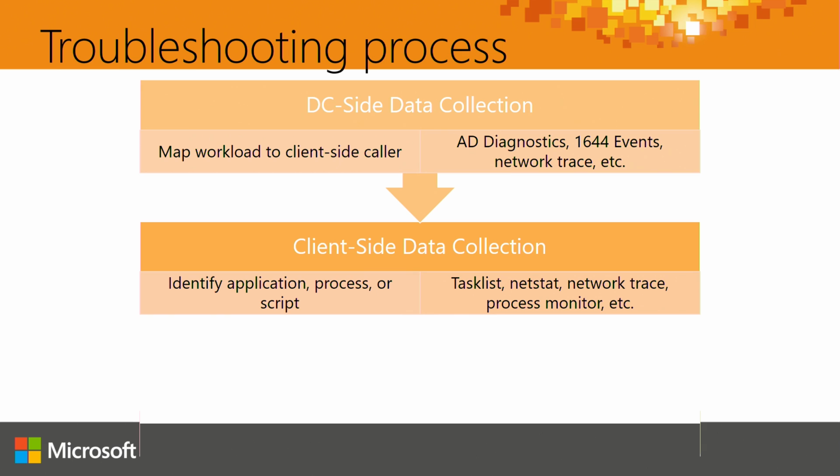So have you guys seen task list or netstat before? Yeah, a few of you. Most, it looks like. Network trace, once again, Process Monitor. And this client-side data collection is heavily dependent on what you find on the DC side. In a lot of these cases, we collect DC side data for this issue, and it doesn't really identify anything, so we have to go back and add more logging.